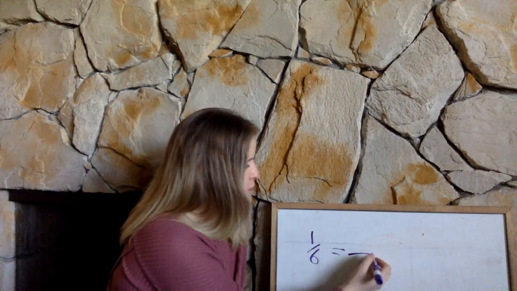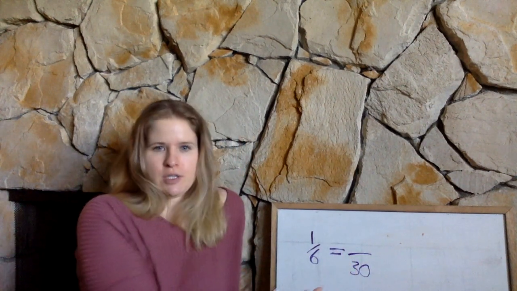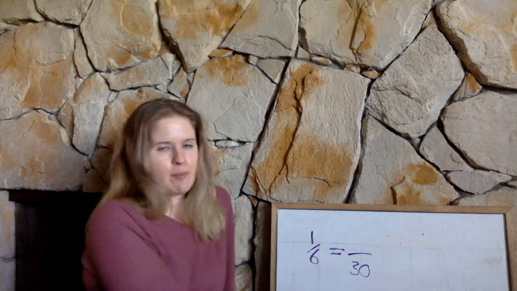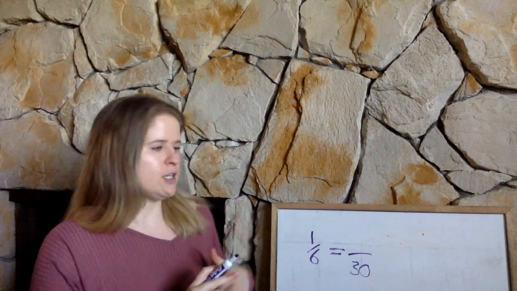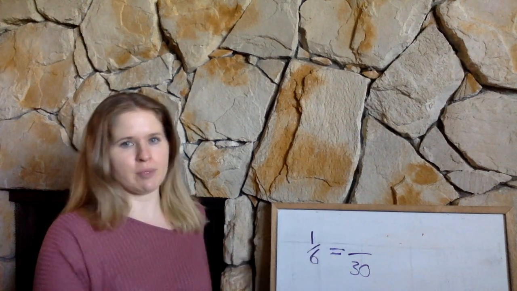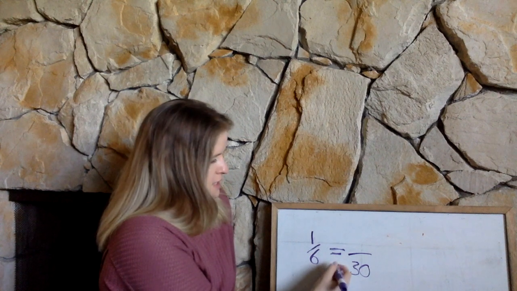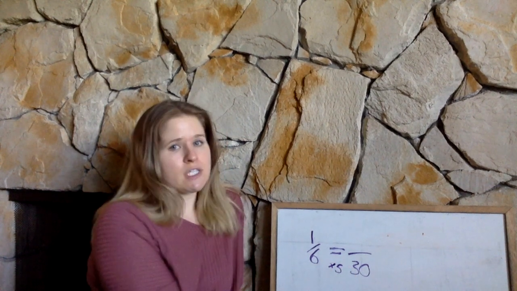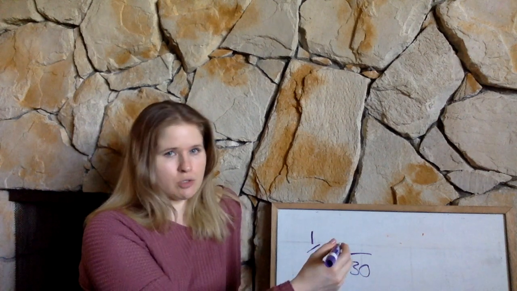So, how can I roll the dice to get it to be 30? So how does 6 become 30? If I were to create an equivalent fraction with the denominator of 30, what would it be? So think back to multiplication. We know that 6 times 5 is 30, and what you do to the bottom, you also do on the top.